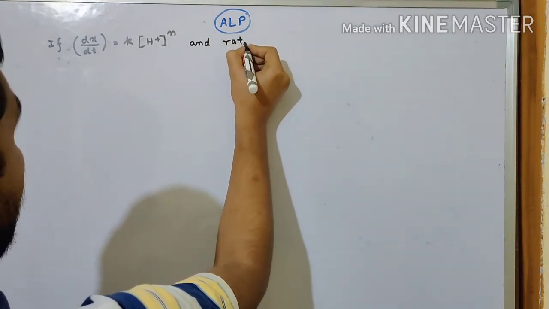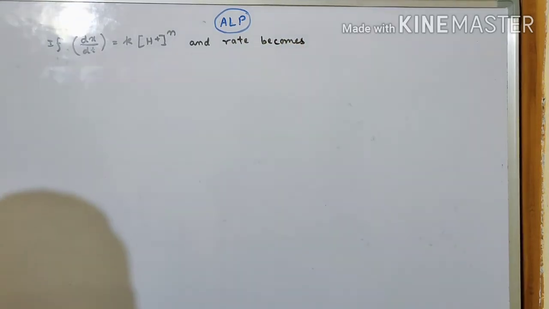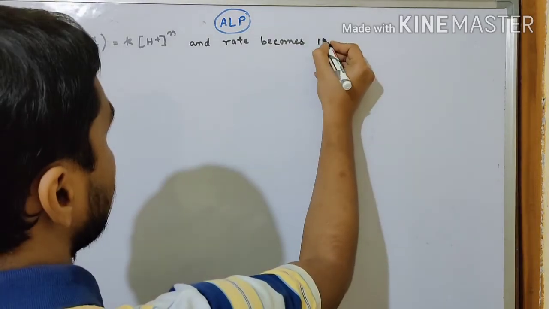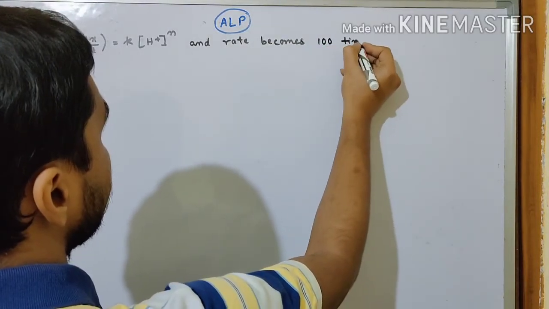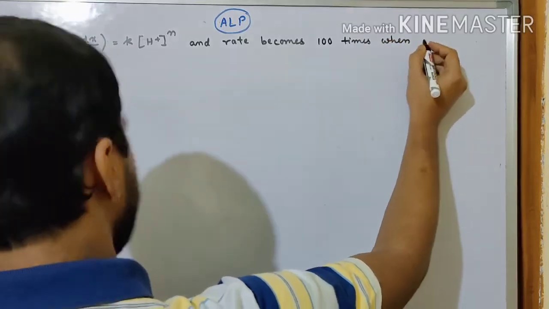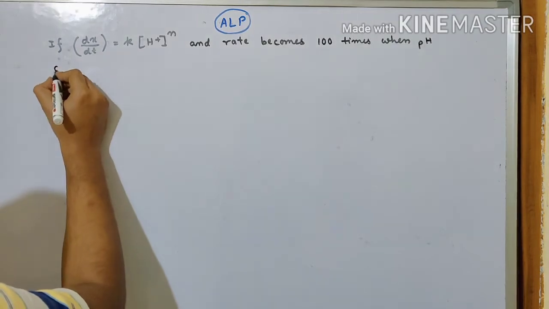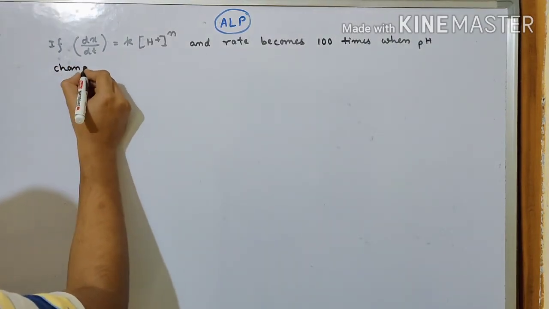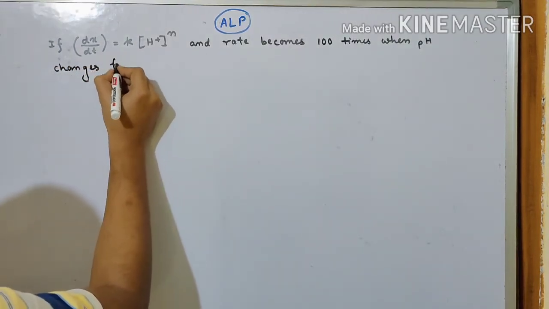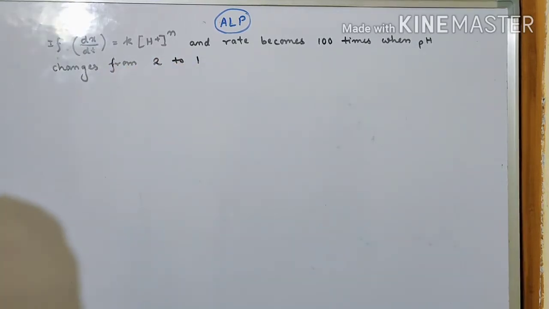and rate becomes 100 times when pH changes from 2 to 1.